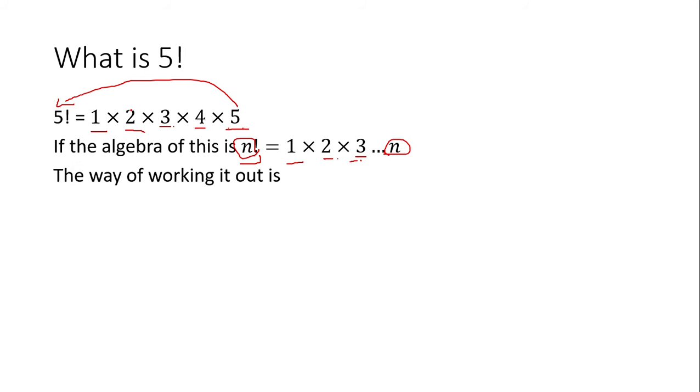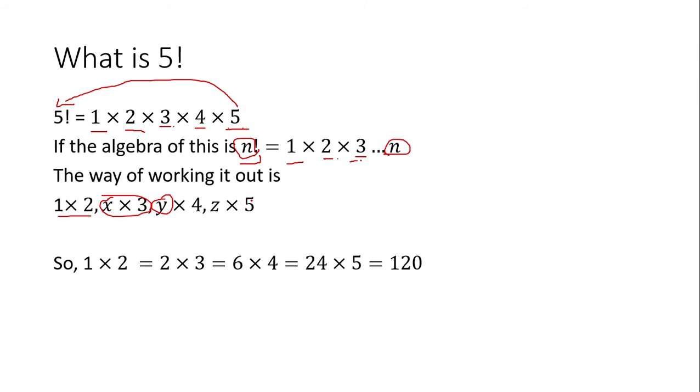The way of working it out is 1 times 2 is x, times 3 is y, times 4 is z, times 5 is the factorial. I'm using these letters, but you can use any letters you want. Use any letter in the alphabet.